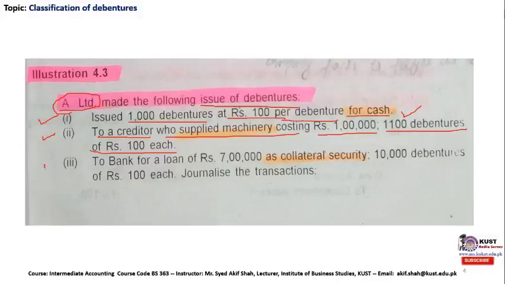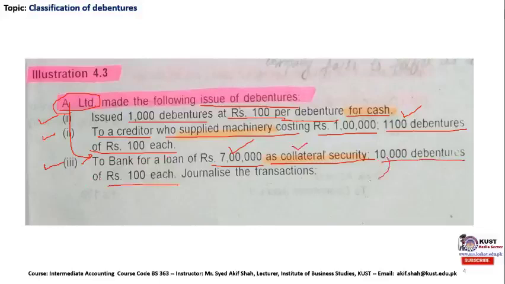Now let's discuss the final case, which is collateralized debenture issuance as collateral security. The statement says, to a bank for a loan of 7 lakh rupees as a collateral security, this A Limited Company is going to take a loan from a bank of 7 lakh rupees and is going to issue 10,000 debentures of rupees 100 each as collateral security.